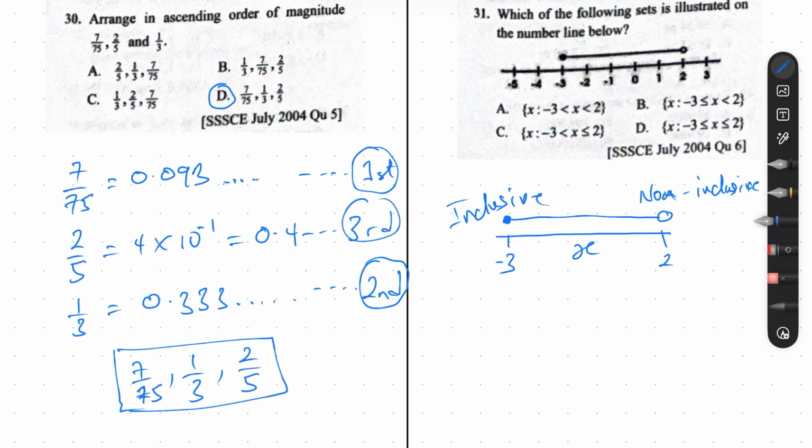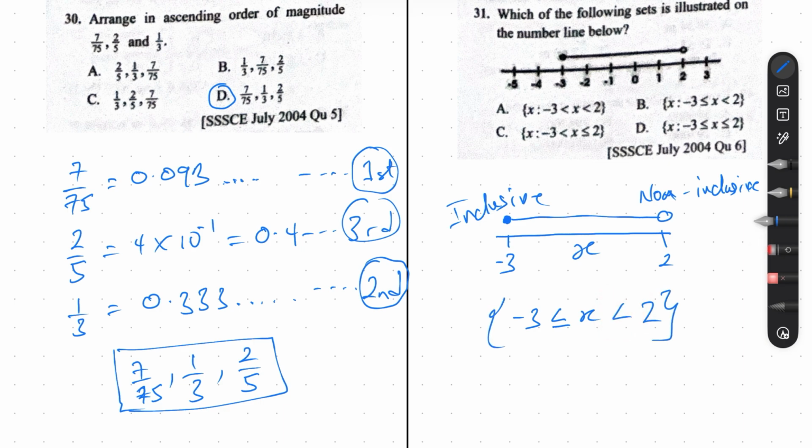So when you write the set, -3 will be included, and 2 will not be included. That will be -3 less than or equal to x less than 2, because -3 is inclusive, so we add the less than or equal to sign, but 2 is non-inclusive, so we use the less than sign.